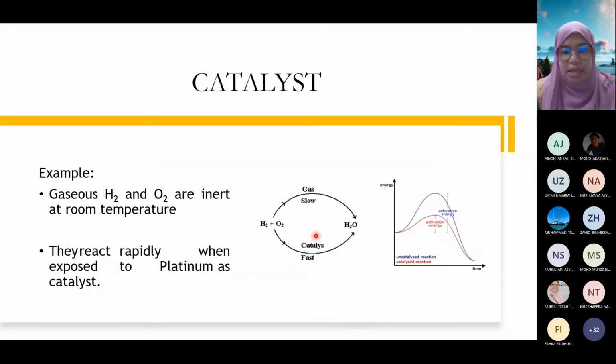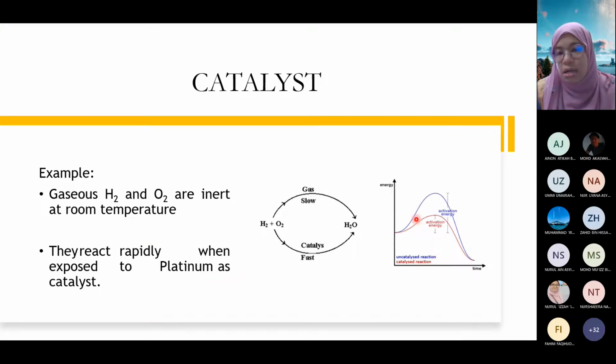So this is again an example of a reaction that involves a catalyst, a gas reaction. Usually a heterogeneous reaction for a gas reaction will involve a solid catalyst. The gases hydrogen and oxygen are inert at room temperature. They react rapidly when exposed to platinum as catalyst. So it is a gas phase reaction with a solid platinum catalyst.